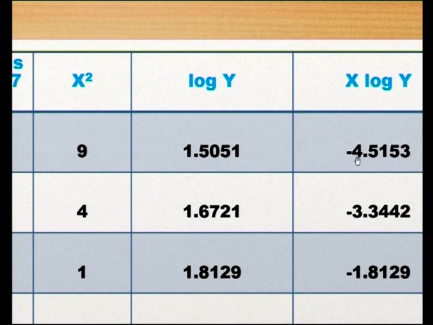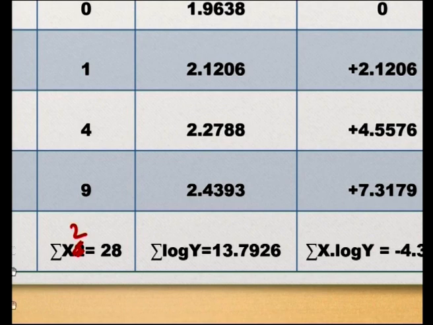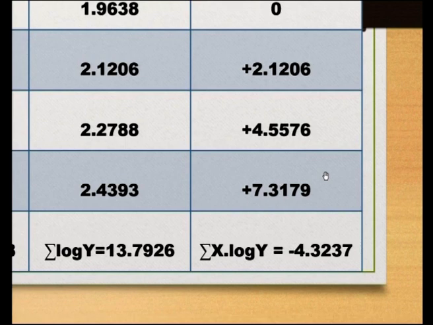Like that x log y is calculated, and then their summations are written here. Summation x square is 28, summation log y is this total 13.7926, and summation x into log y is minus 4.3237.